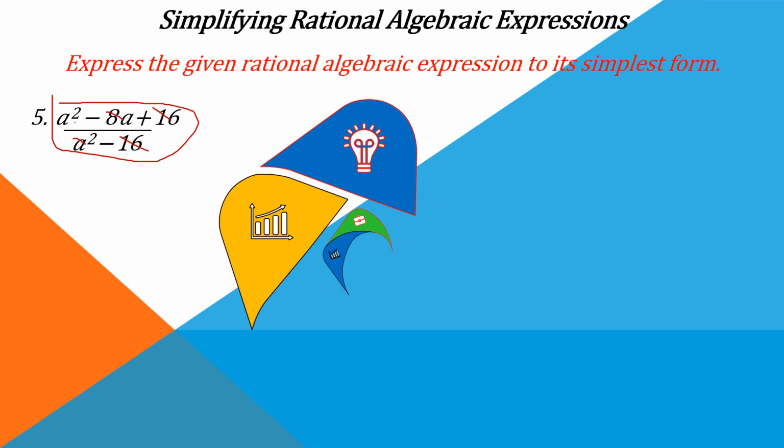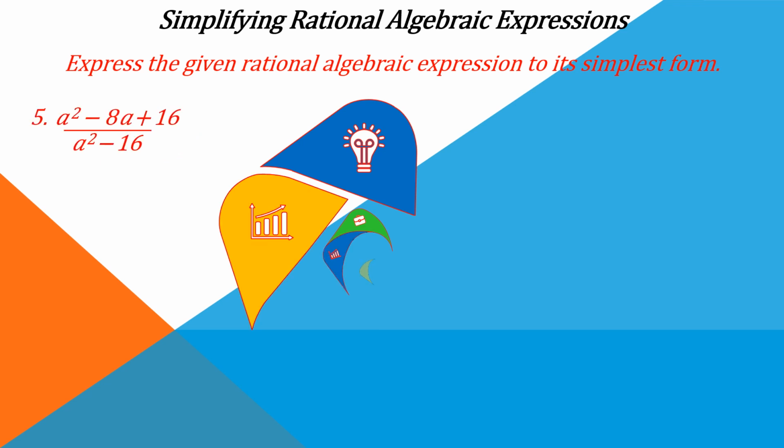The denominator is a difference of two perfect squares, and the numerator is a trinomial wherein the first term and the last term are perfect squares.